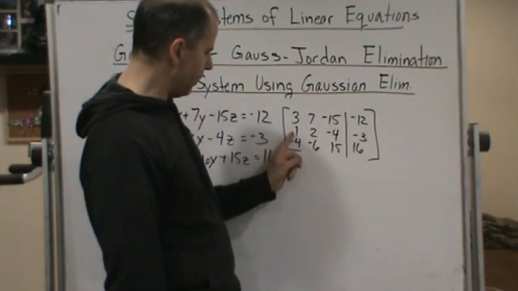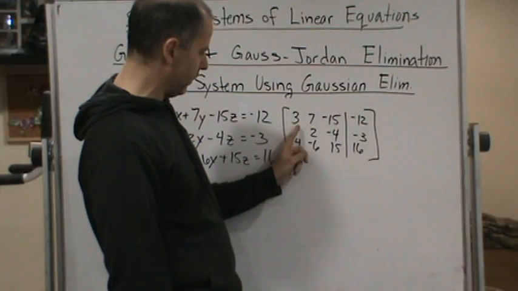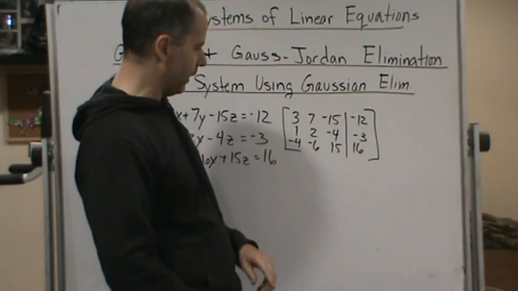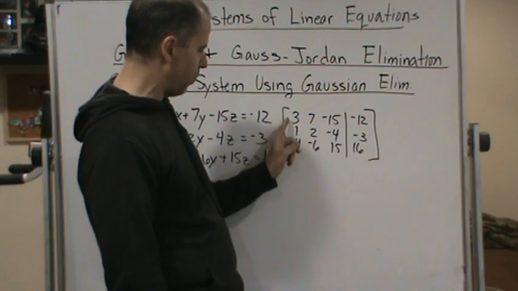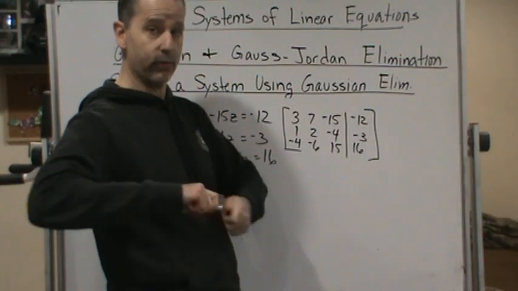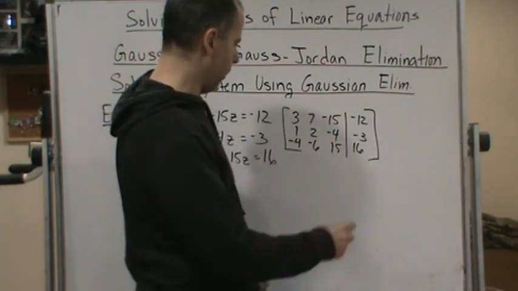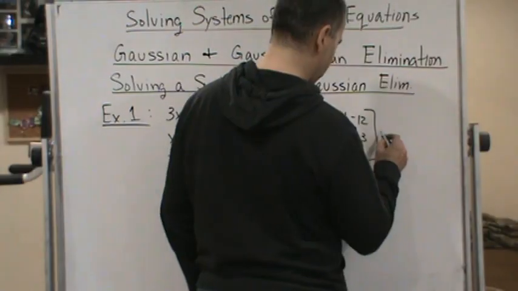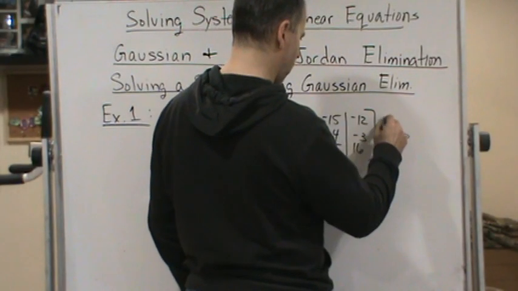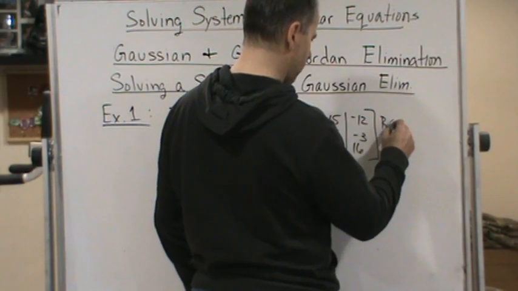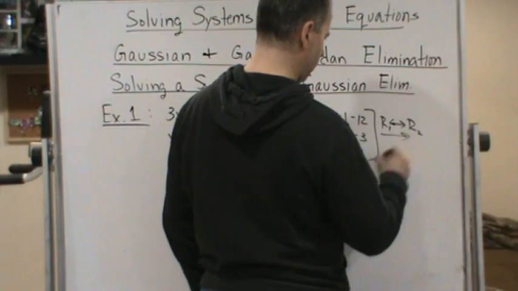Now here's the thing. Notice that this 1 here in the first column is already a 1. So the easiest step is to just swap these two rows, and we've achieved what we wanted for the first row. So let's do row 1 interchange with row 2.